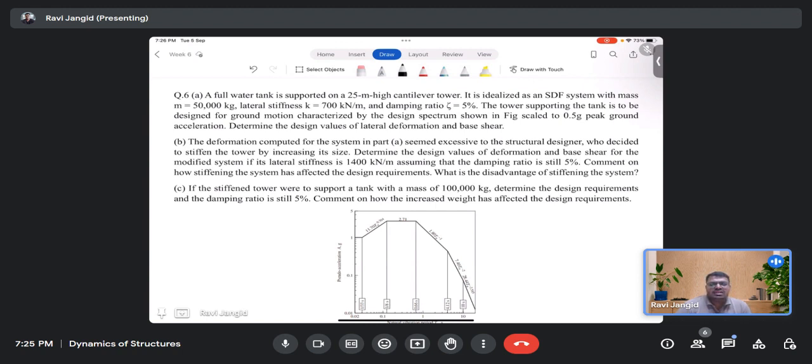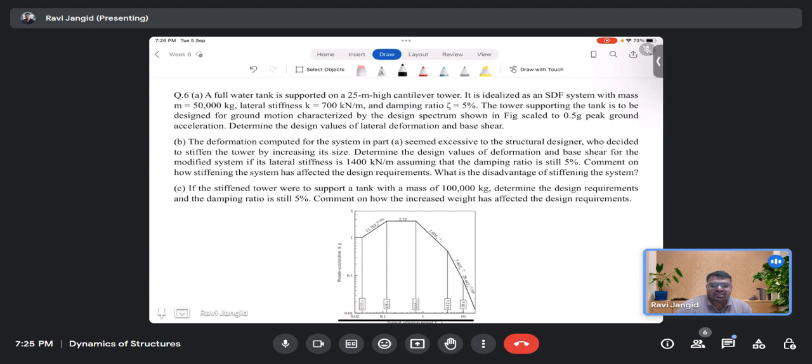Another is that the tower is to support a tank with a mass of 100,000 kilogram, around 1 lakh kilogram. We need to determine the design requirement with damping ratio 5%. We need to comment on how the weight will affect our design requirements.